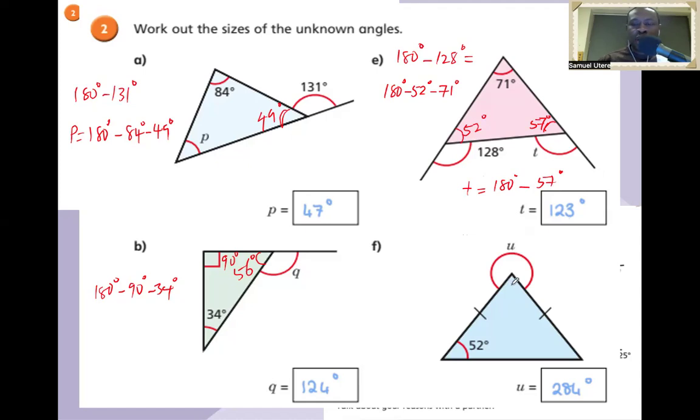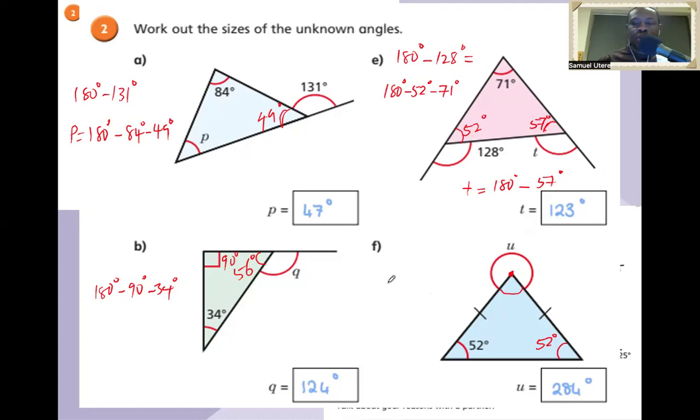For this one here, we know this angle is 52 degrees. You can see these hatch marks here, which mean that this is an isosceles triangle. So this angle should be 52 degrees. Well, we can do this angle because if we can find this angle, then we can use sum of angles at a point to find that angle.